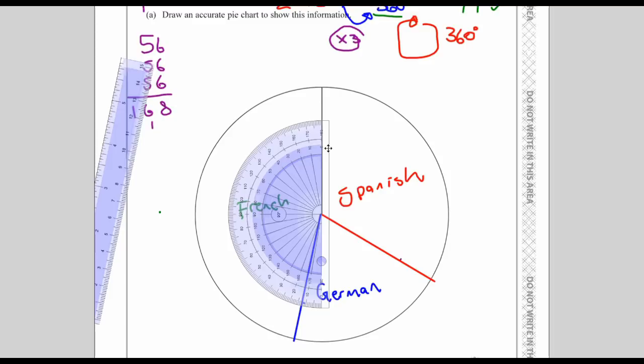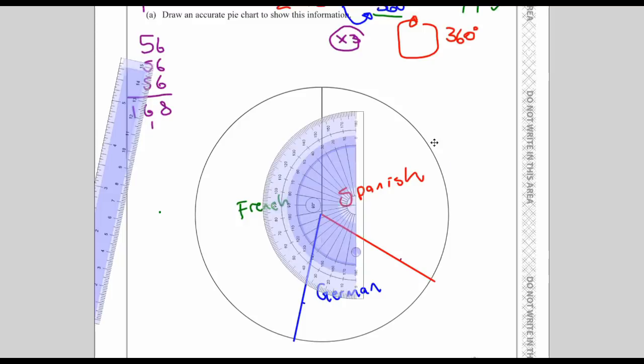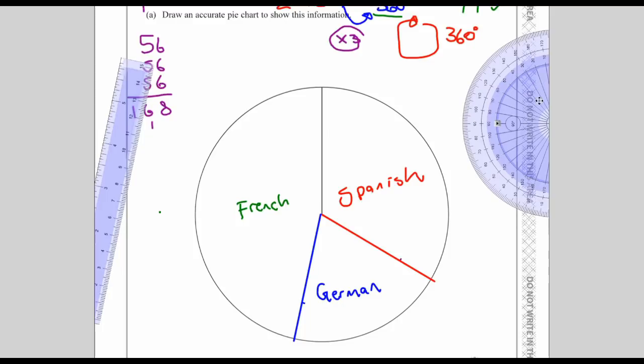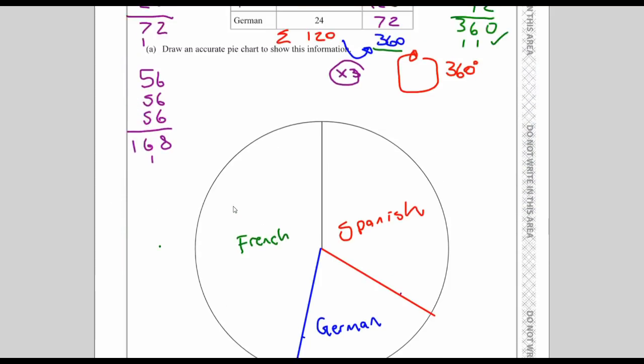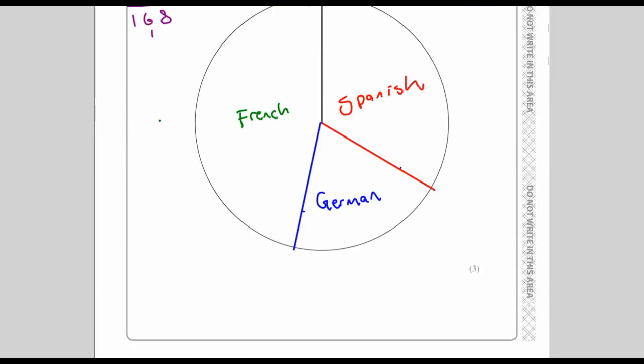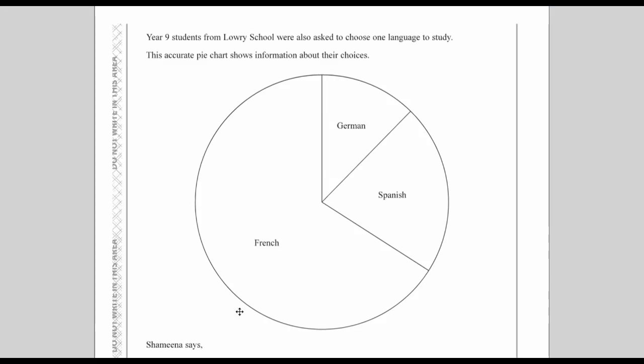So we're going to count around from 0 on the inside track, all the way around, 160, 5, 6, 7, 8, 168. Job done. Okay, nice work. You get 3 marks for that because it takes up a bit of time.